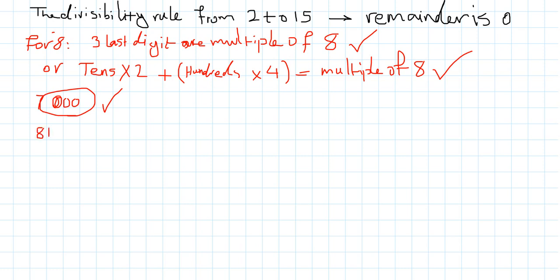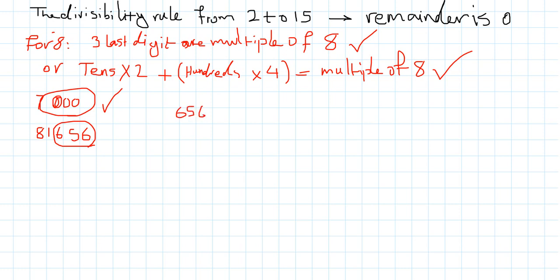So 81656. Now I have this number. I should check if 3 last digits can divide it by 8. So 3 last digit is 656.